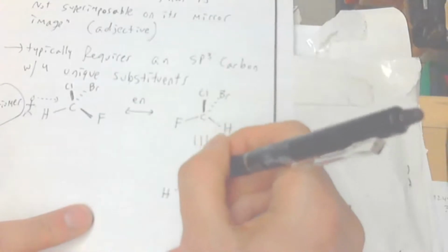It'll be going away, right? And the bromine was going away. Now the bromine is coming towards us, right? So these are the same molecule. Top and bottom are the same.